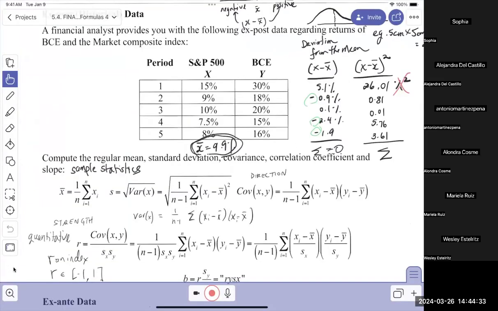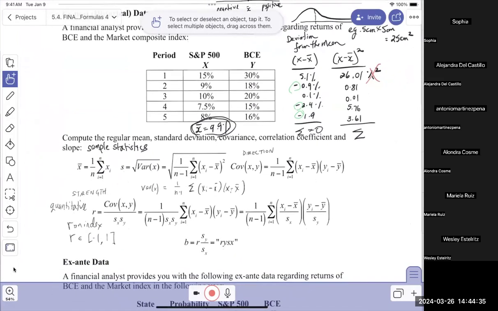All right, so the next question is, how do I know R and covariance always have the same sign?